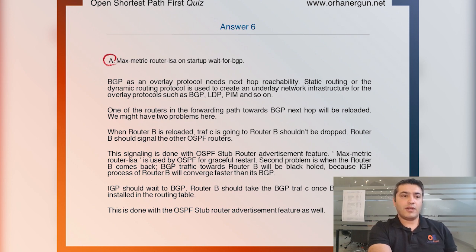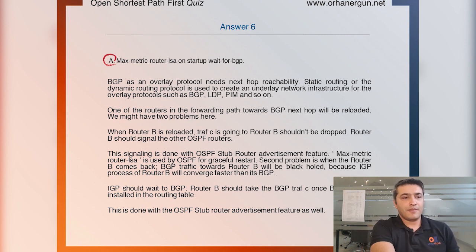That's why in OSPF we have a capability called maximum metric router LSA. With this, router B will announce in its router LSA, type 1 LSA, the maximum metric, which means from the SPF point of view, it will not be taken into account anymore.